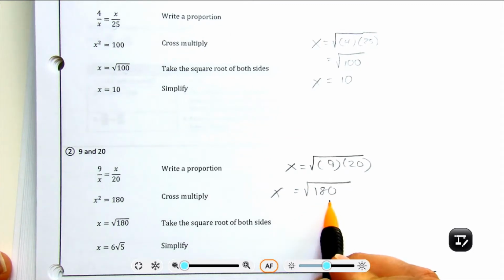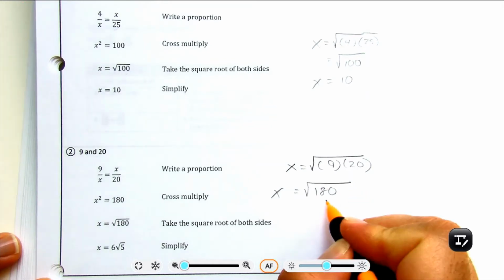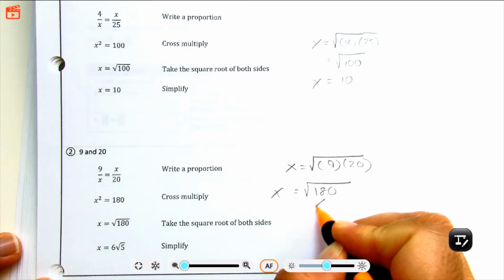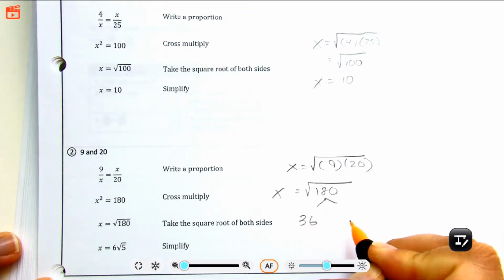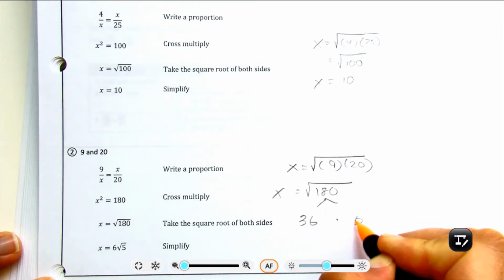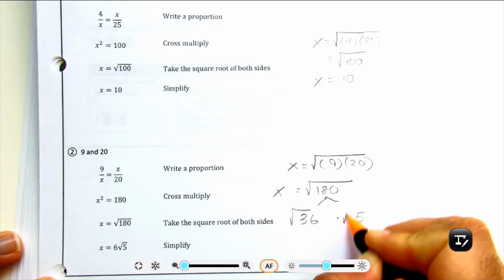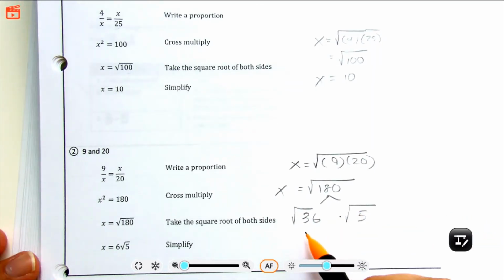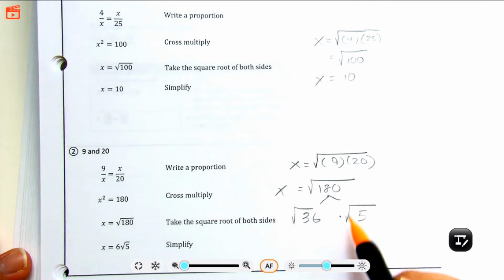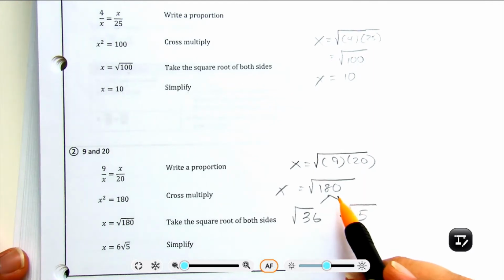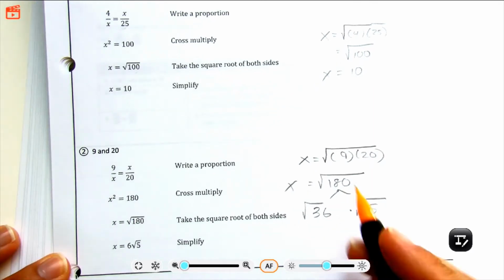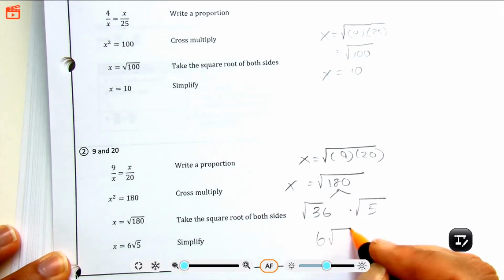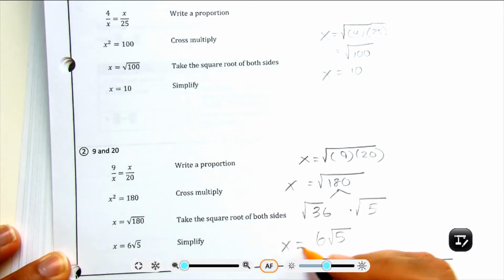We have to pull out a special factor. Two factors of 180 are 36 times 5. But remember, these are still in the square root. The square root of 36 times the square root of 5 is the square root of 180. The square root of 36, though, is 6. So this simplifies to 6 square root 5.